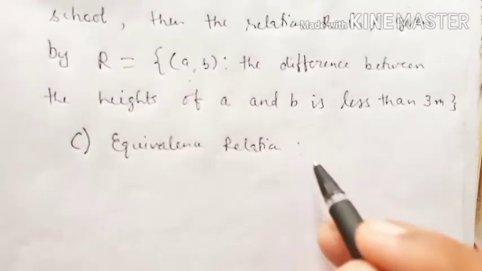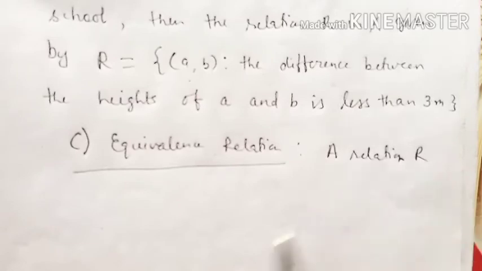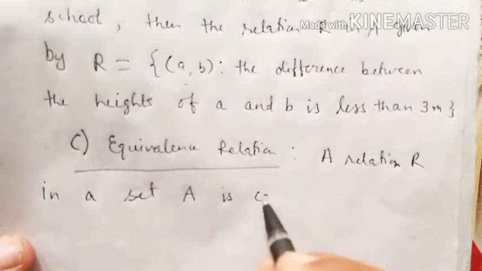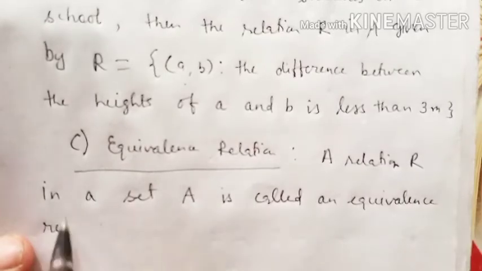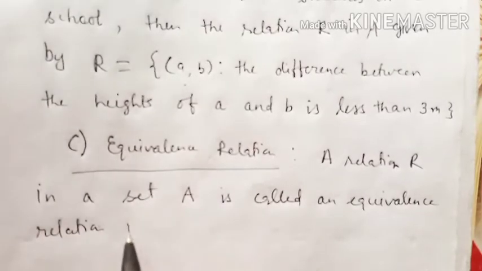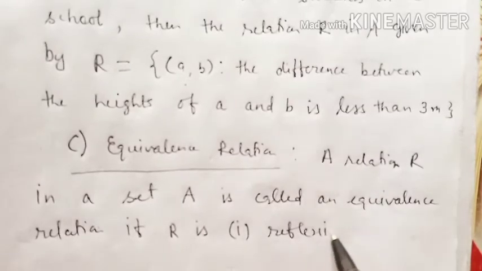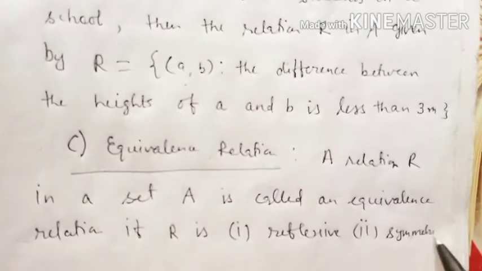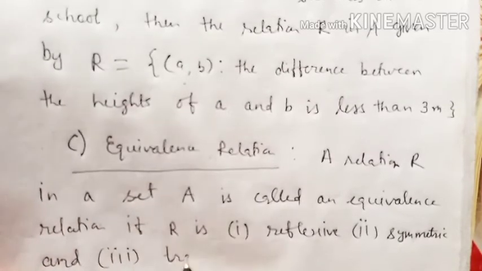A relation R in a set A is called an equivalence relation if R is first reflexive, second symmetric, and transitive.